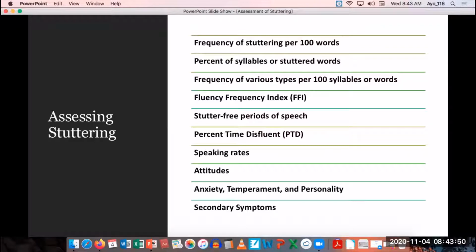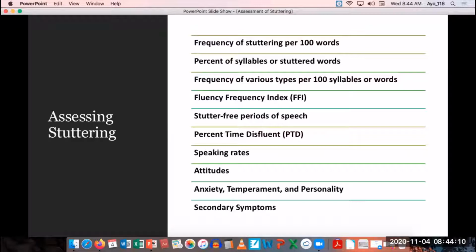Another percent measure that you can get is the number of stuttered intervals. What you're talking about when you're looking at intervals is judging whether there's a 3 to 5 second time interval in the sample containing the stutter.